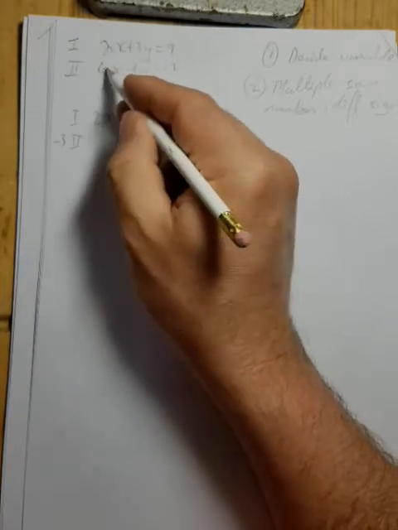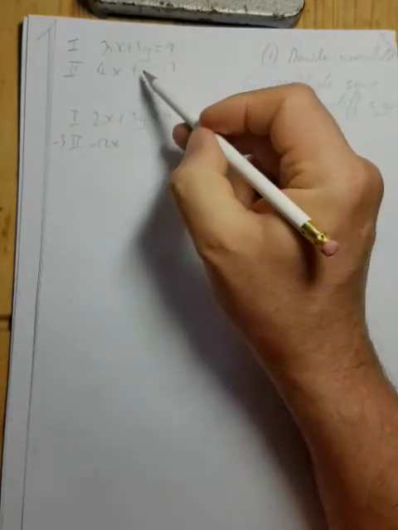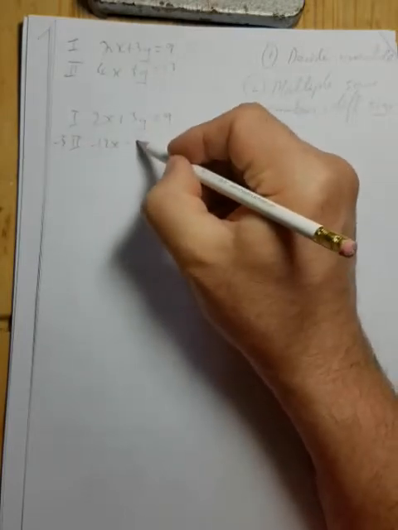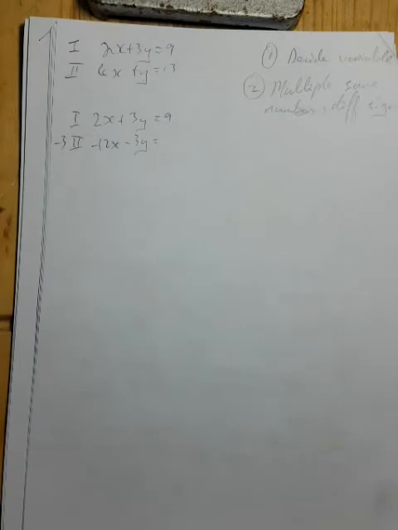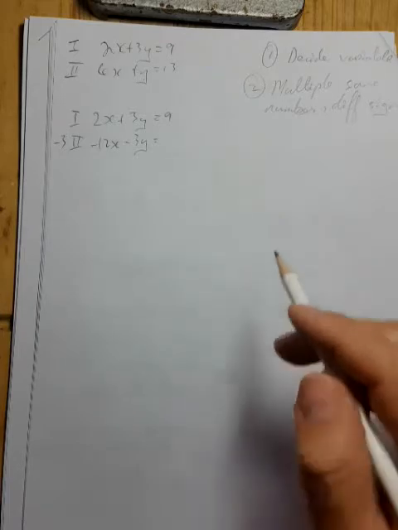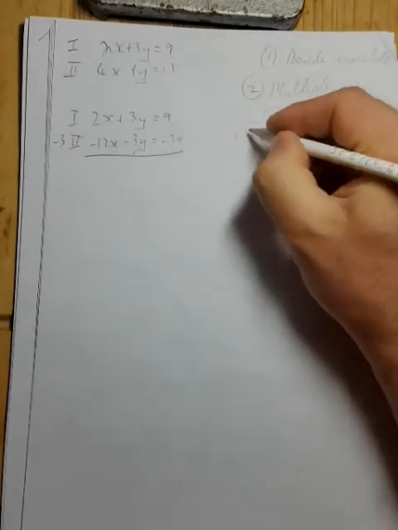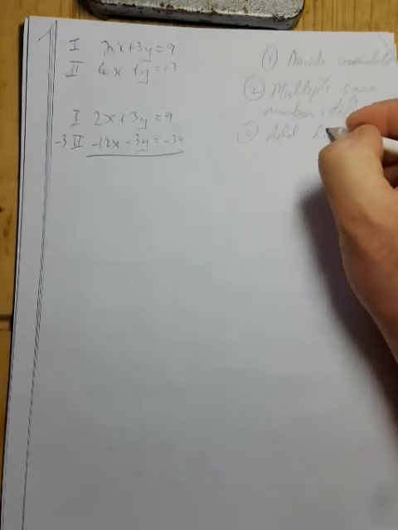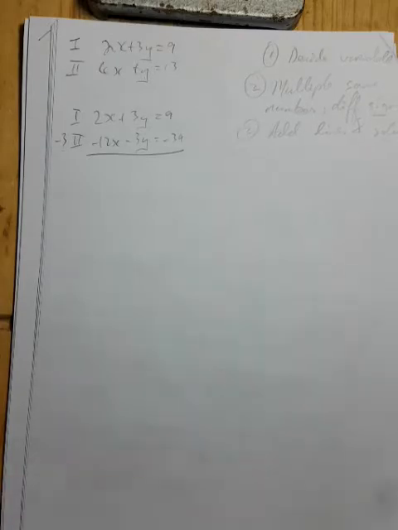So 4 times minus 3 is minus 12x. y by minus 3 is minus 3y. 13 by minus 3 is minus 39. Okay? So step 3, add lines and solve. Okay?